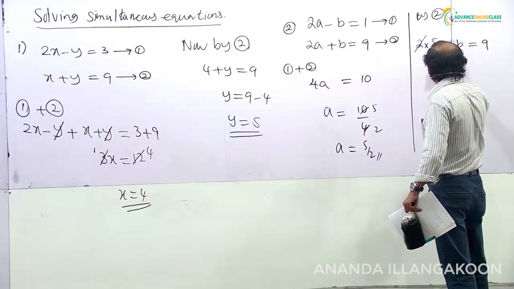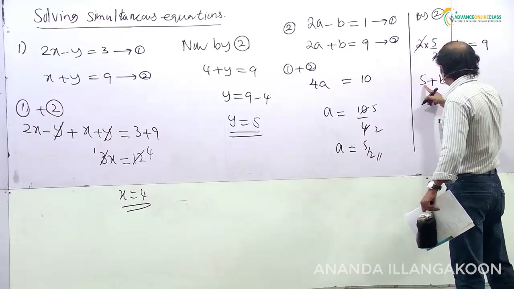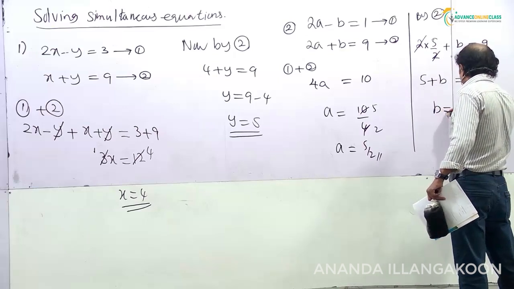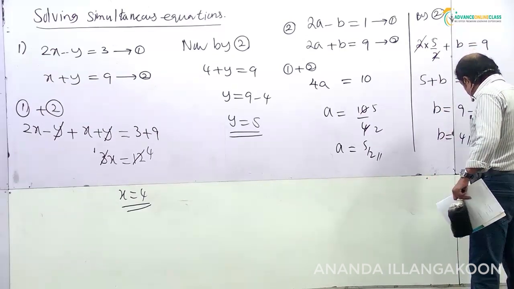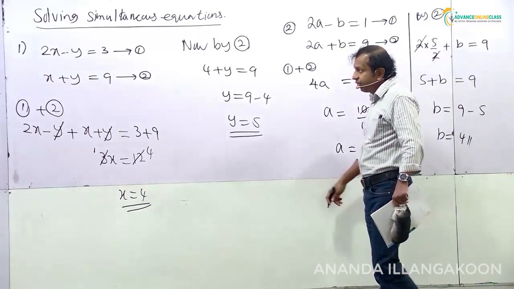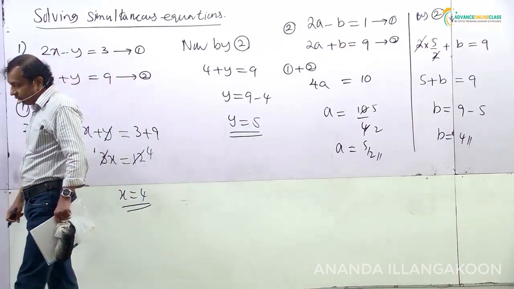Cancel down this 2 and this 2. 5 plus B equals 9. Bring this 5 to the right hand side. B equals 9 minus 5. B equals 4. Right. These two questions, people, are really very easy.